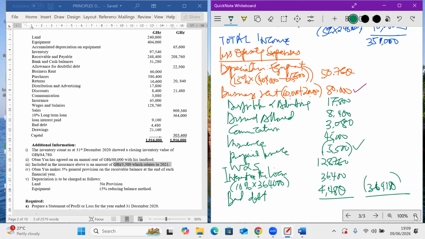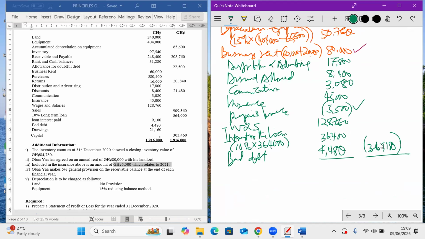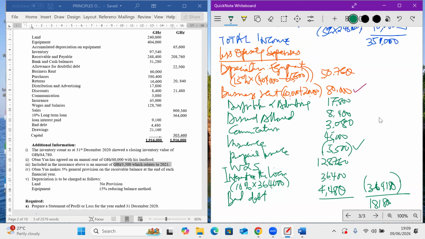We will subtract it from the 351,000. What do we have? 18,180. Is it positive or negative?